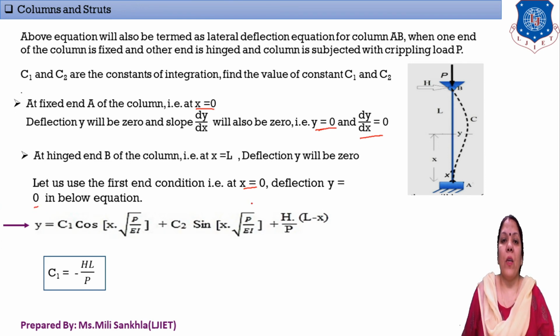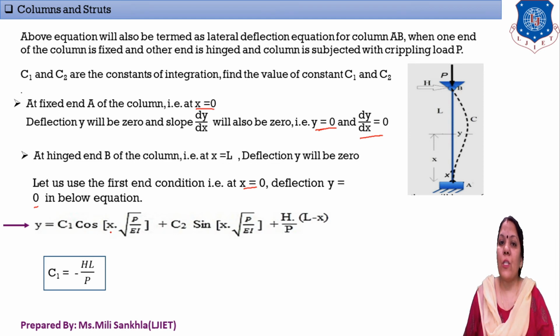Now we put the values at A point into the differential equation: y equals C1 cos x under root P upon EI, plus C2 sin x under root P upon EI, plus H by P into L minus x. Put x equal to 0 and y equal to 0.